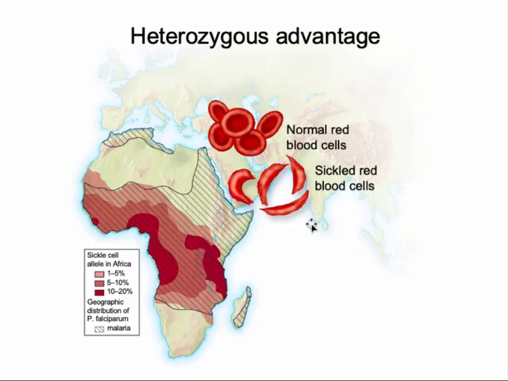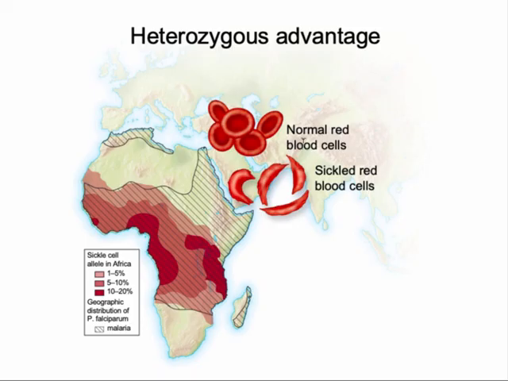On the other hand, individuals that are homozygous recessive for sickle cell anemia will have oddly shaped blood cells, and they will have anemia, which means they cannot carry enough oxygen to their tissues, so they will be seriously affected. The heterozygotes are somewhere in the middle. Their red blood cells are not completely affected. They don't quite have anemia, but they have the advantage of being resistant to malaria.